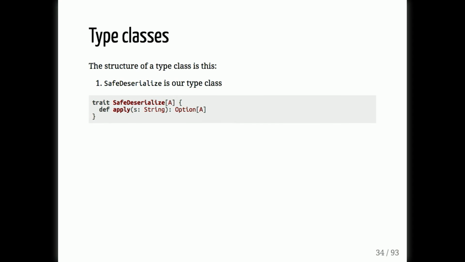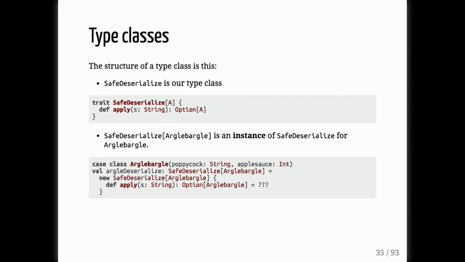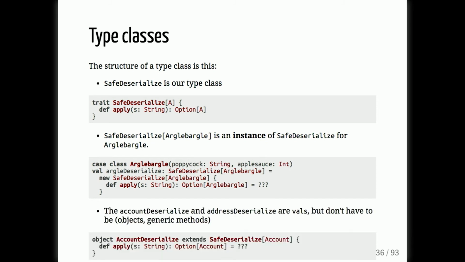So this is the structure of a type class. This is sort of your recipe. SafeDeserializer is the type class. It's just this trait without any implementation whatsoever. It's just like an interface or a contract. Then when we implement an instance of the type class for a type, we create an instance of this type, and we put on an implicit.